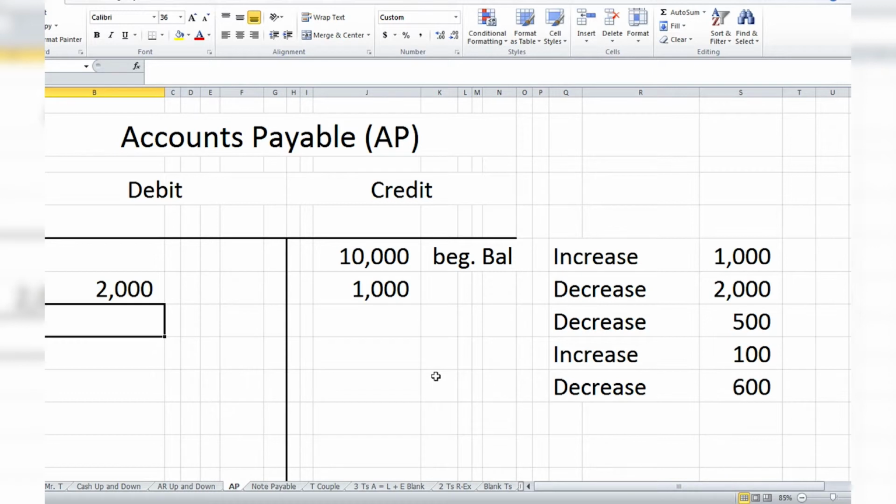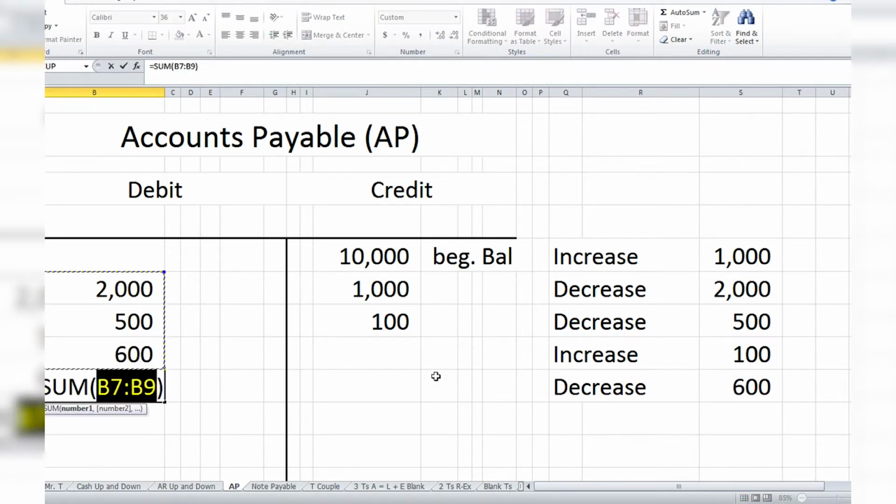Let's run through all of it. Decrease 500. Is that going to be a debit or a credit? Decreasing accounts payable will be a debit, 500. Increase accounts payable, 100, and decrease accounts payable, 600.